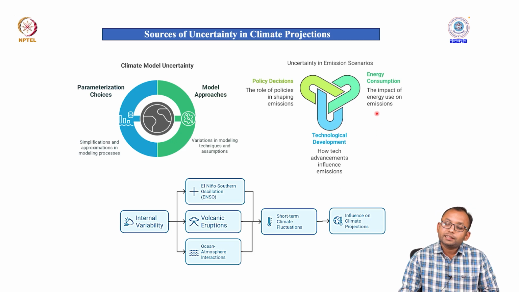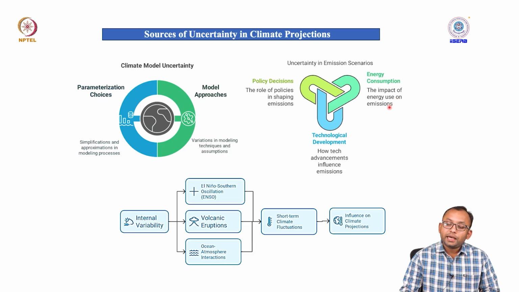Or energy consumption, or basically the impact of energy use on emission scenarios. We can optimize that energy, and we have to work on those sources which are less harmful to the environment or climate. That is basically some sort of emission scenarios.